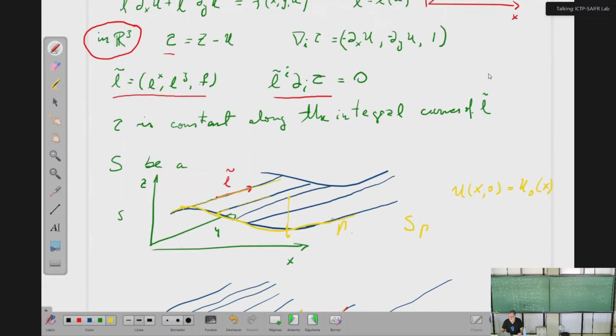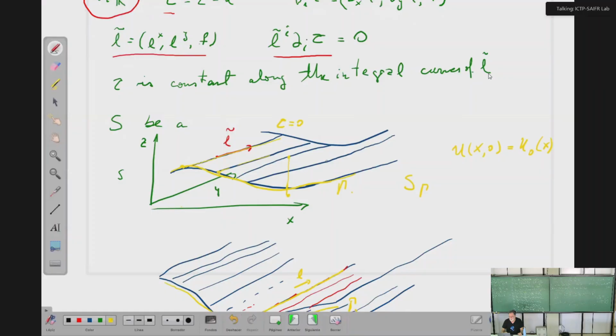Remember that tau, the surface of constant tau, is z minus u, right? So if I give u here, then I construct it, and this is constant, I know the height, the z. So I know this, and from here I can get a solution, right?